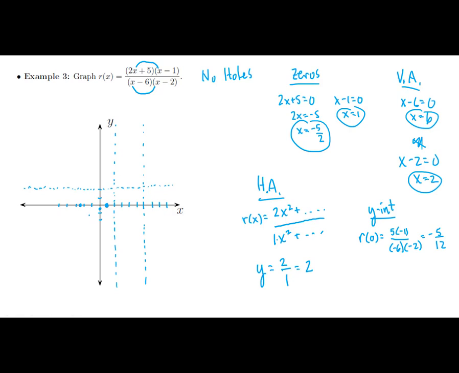But understand what that does tell me is that between these two zeros, my graph is negative, but it probably doesn't dip down very far. So definitely I know that I'm doing something like this between these two zeros. Now, after this zero, I've got to be positive, right? And so this one is going to have to approach my vertical asymptote in that way.